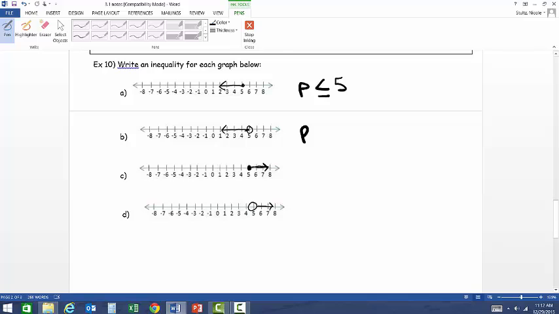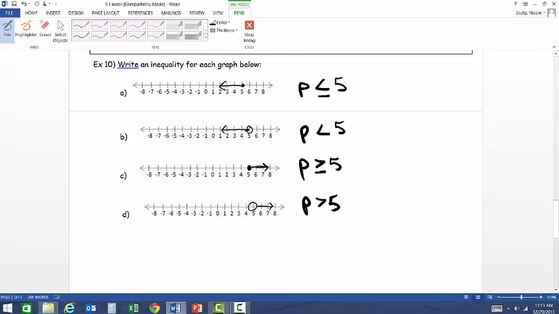This one is everything's the same except there's no solid dot here, so there's no underline. This one has a solid dot and points to the right. So I'm going to point to the right and underline. This one has an open dot, so no underline, but it points to the right, and the number is still 5.